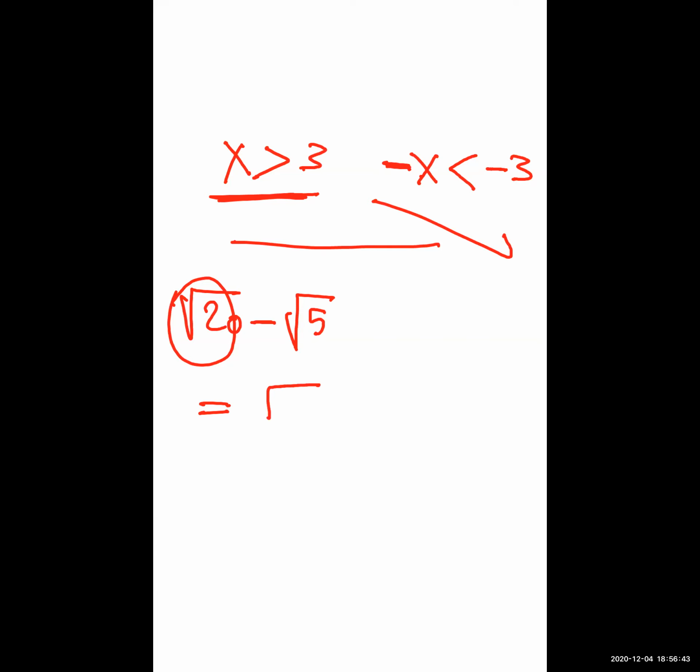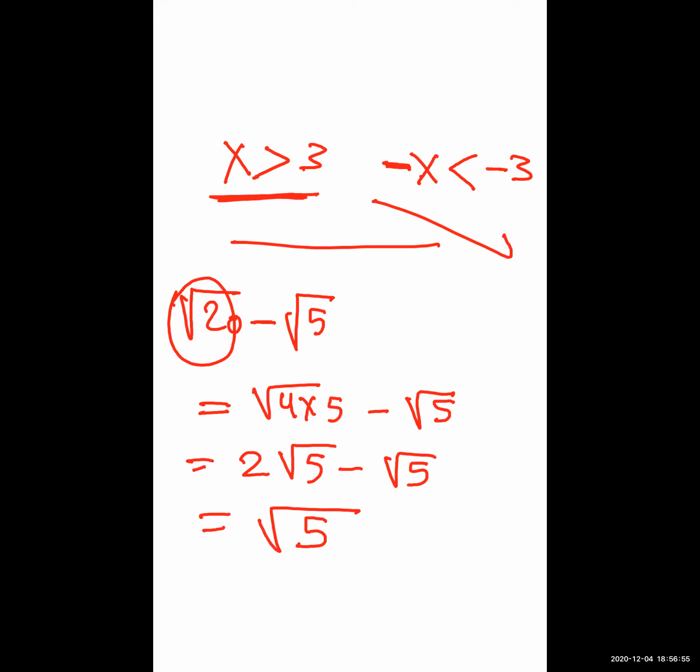Great. So this means the square root of 4 times 5 minus the square root of 5, so it will equal 2 square root of 5 minus the square root of 5. So it will equal square root of 5. Okay, guys, it's clear now? So the right choice will be square root of 5.